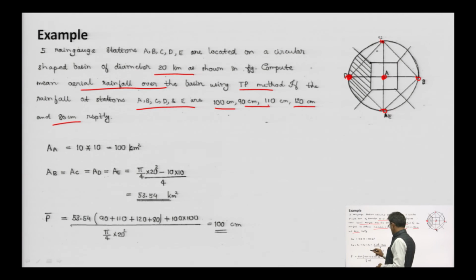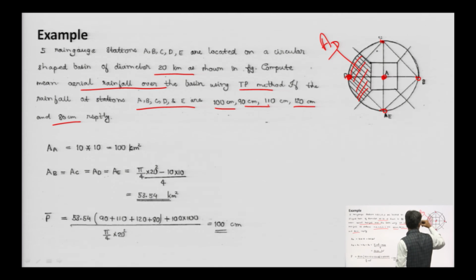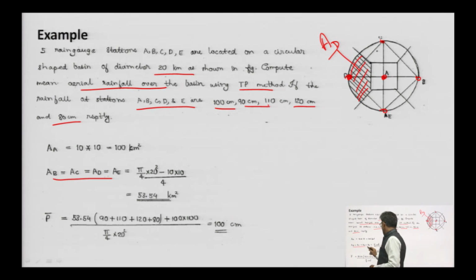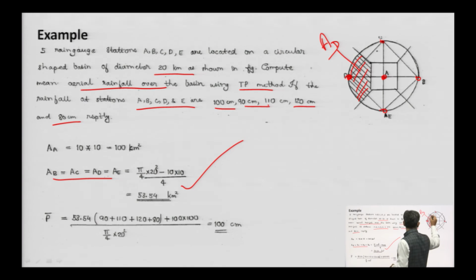Like this one, this much area will be for D. Similarly, areas for E, B, C will be the same. It will be calculated through geometry. And at this one point, it is 10 into 10. So, mean precipitation can be calculated.